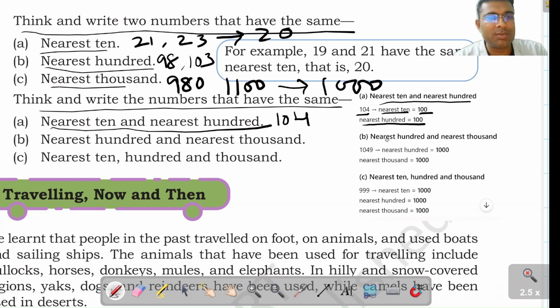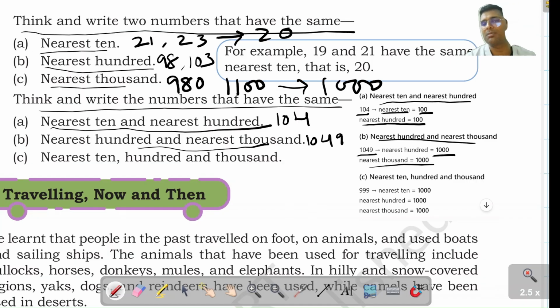So in the second, बच्चों, nearest 100 and nearest 1000 should be same. So for nearest 100 and nearest 1000, I choose 1049. Its nearest 100 is 1000 and its nearest 1000 is also 1000. So both are same. So the answer is 1049, and you can choose some other number as well like 1040, 1030, any number.